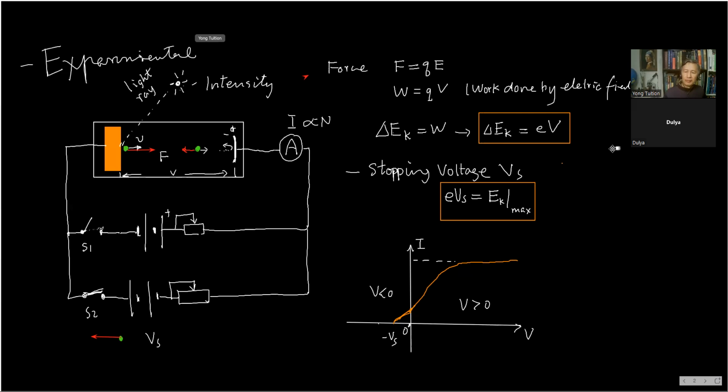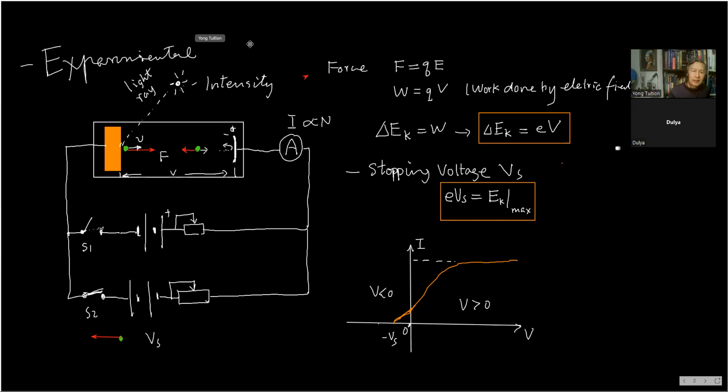Now this is just part of the experiment. Now we change the color. If I change the color or frequency of the light, something very strange will happen. For a given metal, if the frequency decreases to some value, the electrons will completely disappear.